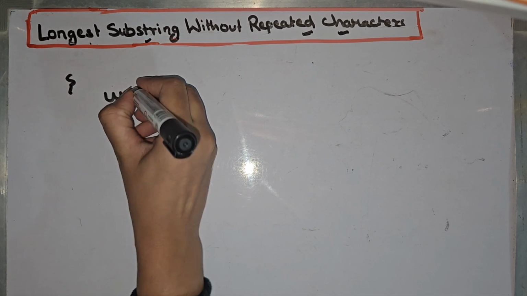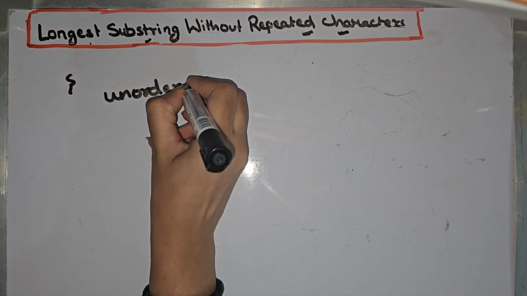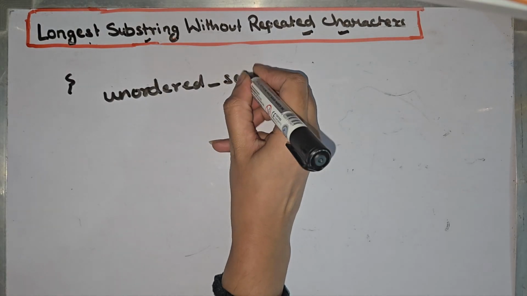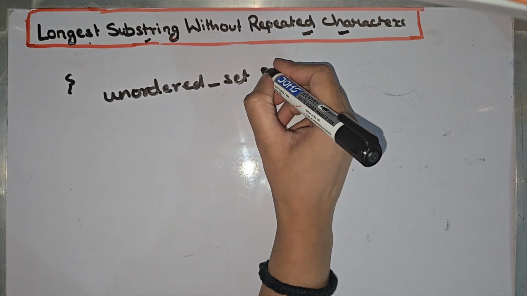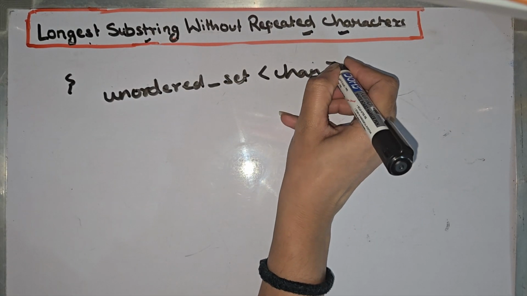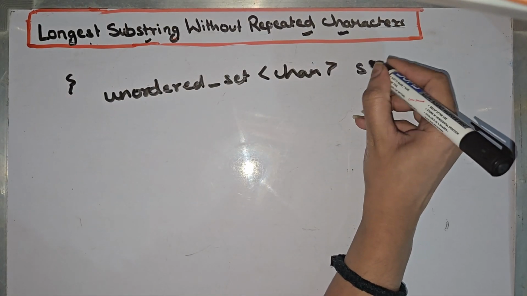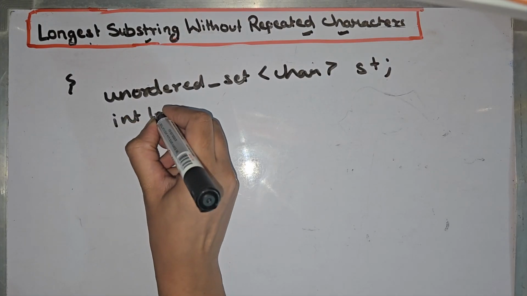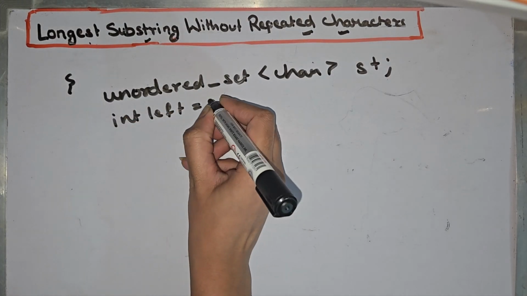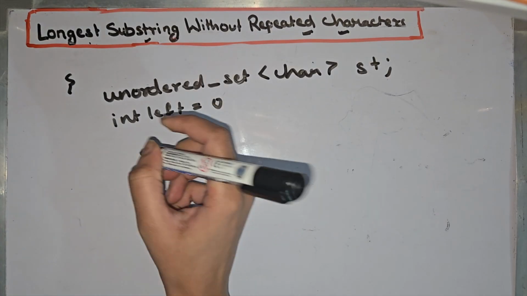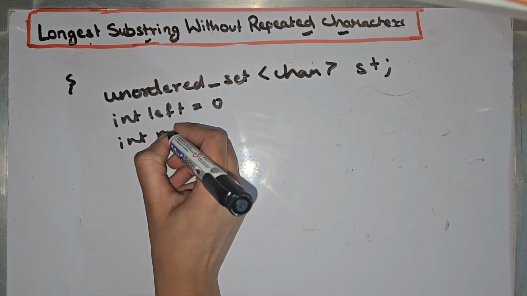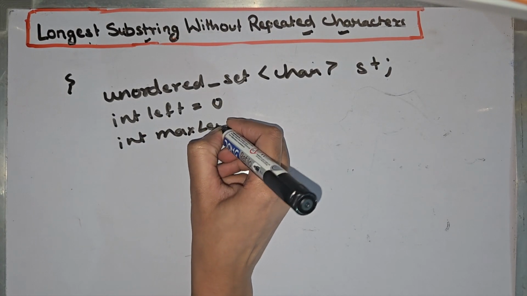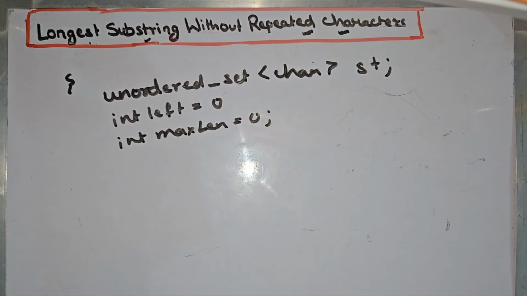We will have an unordered set of character type. Let's name it ST. We will have a left pointer initially pointed to 0, and we will keep track of max length. Initially it is 0.